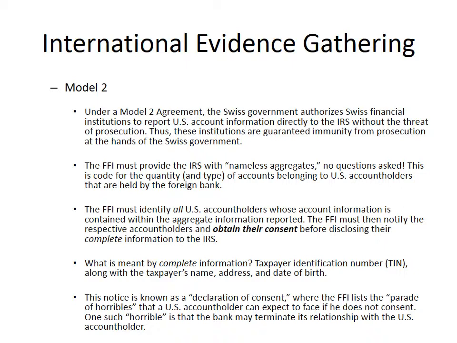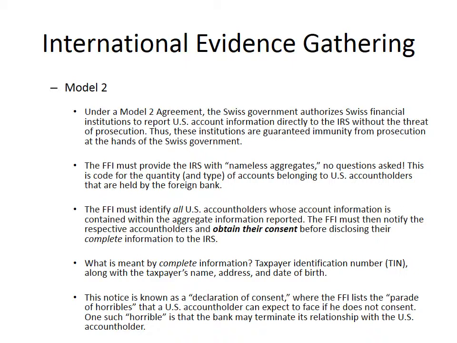It must then notify these account holders that their specific information will be turned over to the IRS. And finally, it must obtain their consent. So at this stage, all that's being requested is consent on the part of the U.S. account holder.